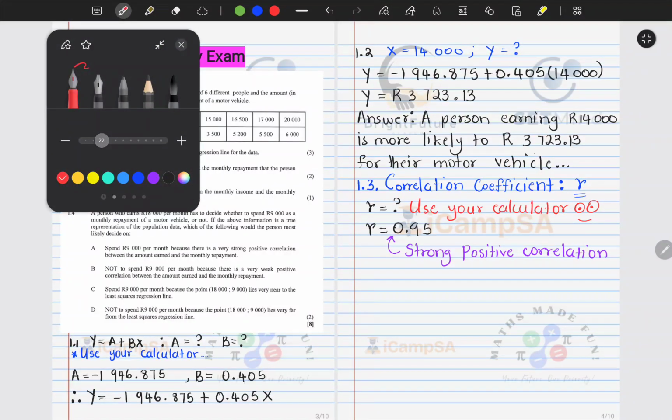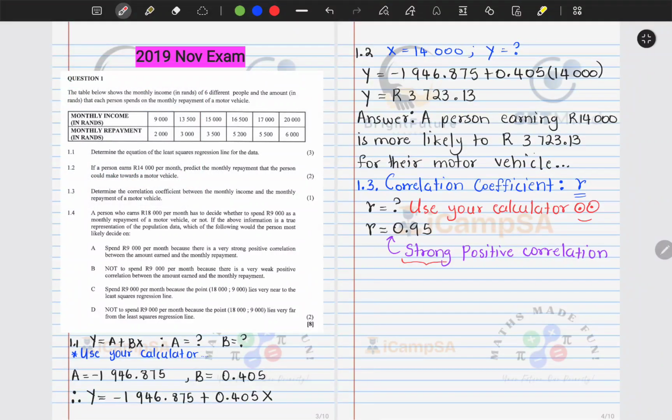And once we have strong, what this means is that what we estimate or what we predict is accurate. So once we have strong, that means our predictions are accurate, okay, if the data follows the same trend.